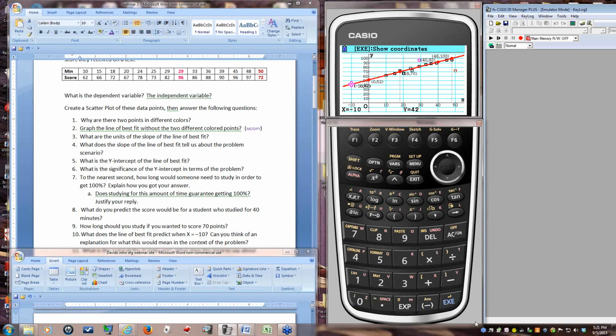That says negative 10 gives me 42 points. And the next question that we've talked about with the groups of teachers is, can you think of an explanation of what that negative 10 minutes would mean in the context of the problem? All right, so this is how many minutes that students studied.